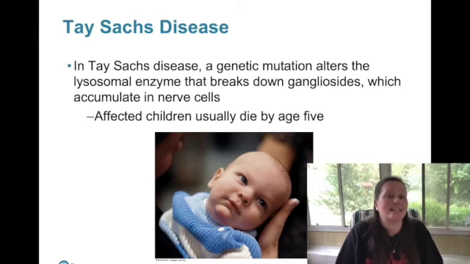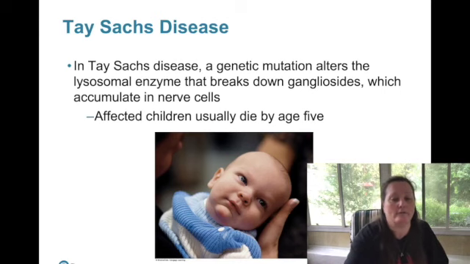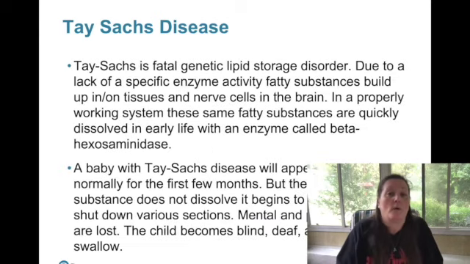Tay Sachs disease: a genetic mutation that alters the lysosomal enzyme that breaks down gangliosides, which accumulate in nerve cells. These kids who have this typically die before the age of 5. What happens is it is a fatal genetic lipid storage disorder.